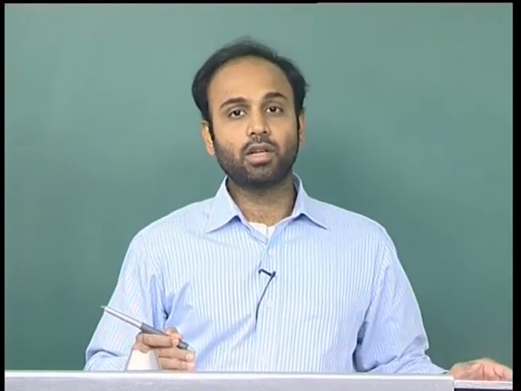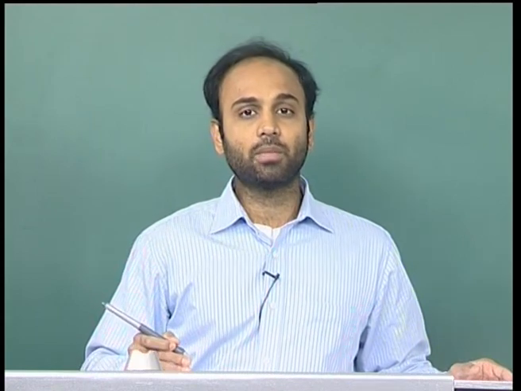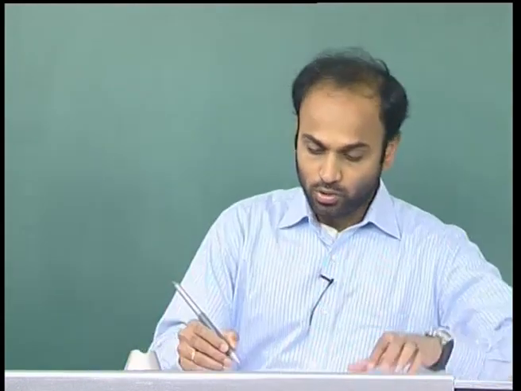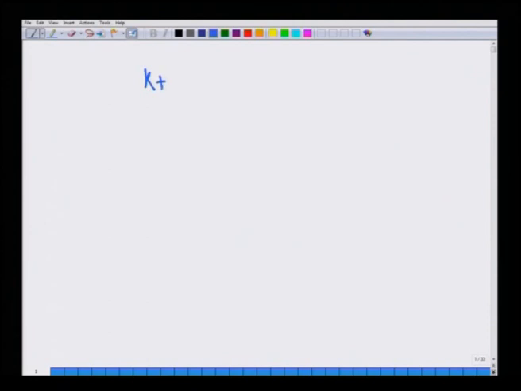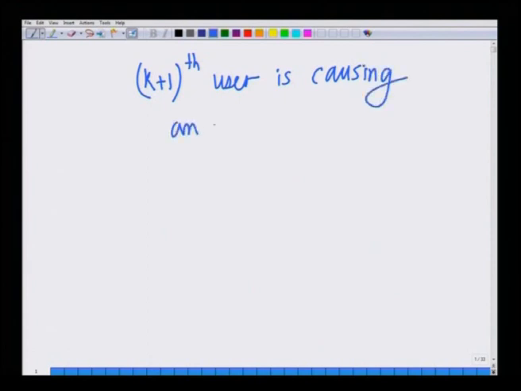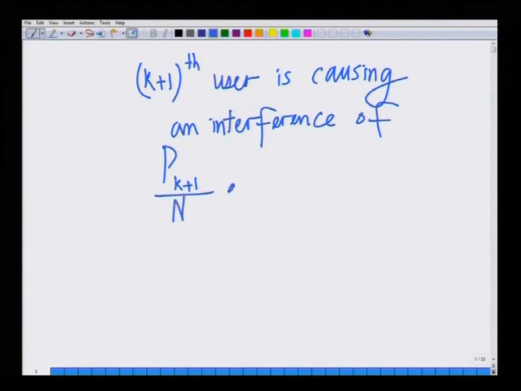The k plus 1th user is causing an interference of P k plus 1 over n at user 0.